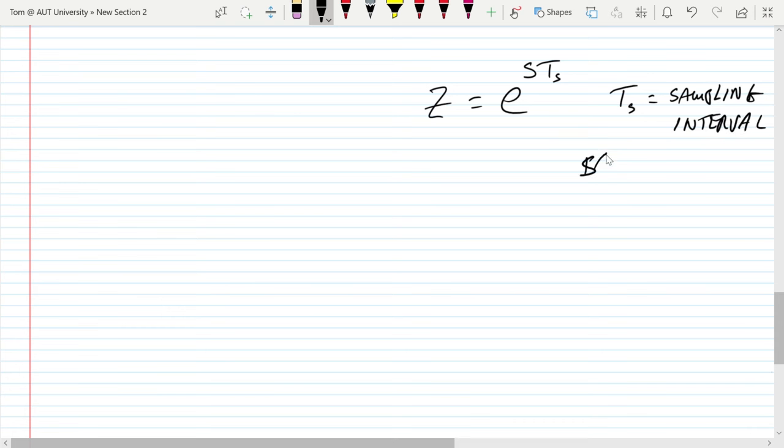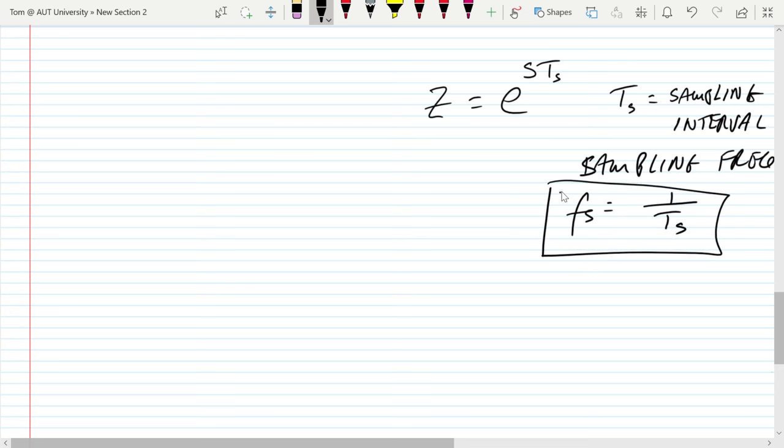The sampling frequency is the reciprocal of that, so the sampling frequency is 1 upon the period, in hertz. For example, if you wanted to sample at 10 kilohertz, we can work out the sampling interval as 1 over 10,000, or 100 microseconds. So if the sampling frequency was 10 kilohertz, TS would be 100 microseconds, 1 over 10,000.